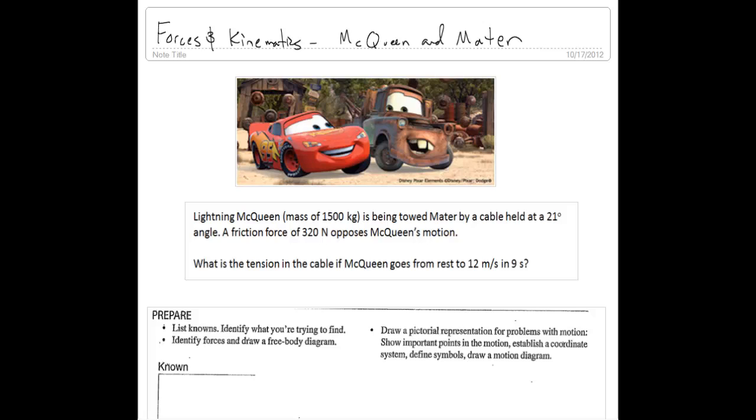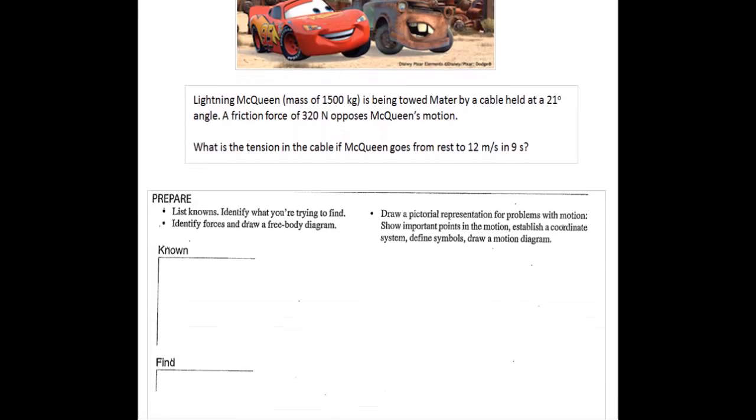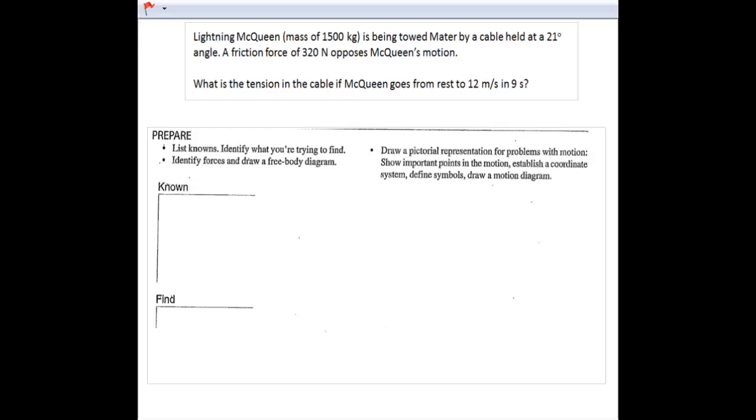So let's approach this problem like we approach any other problem. Namely, let's draw a picture. The first thing we should do is draw a force identification diagram.